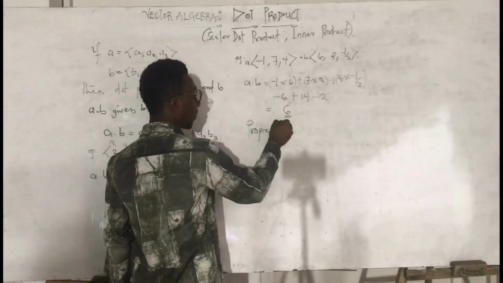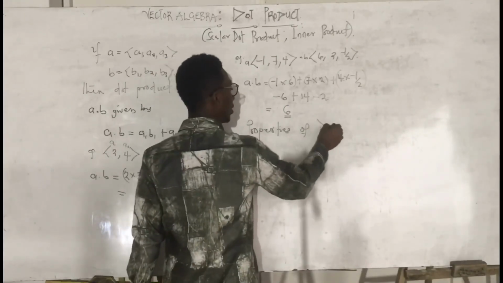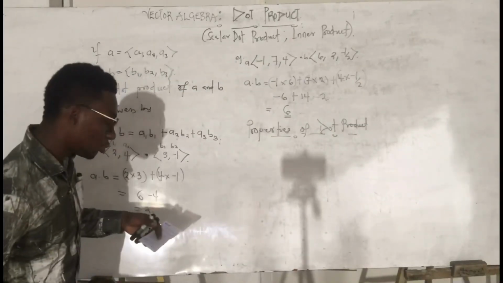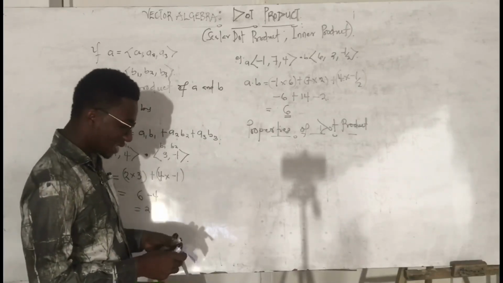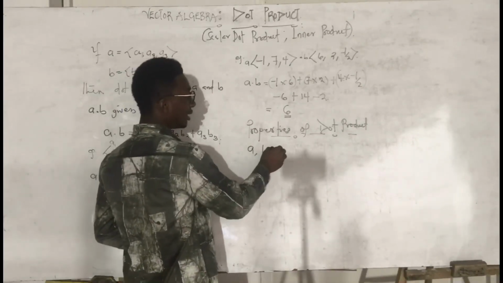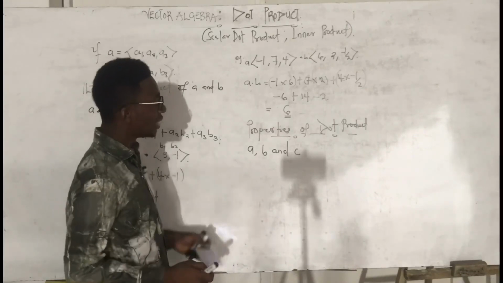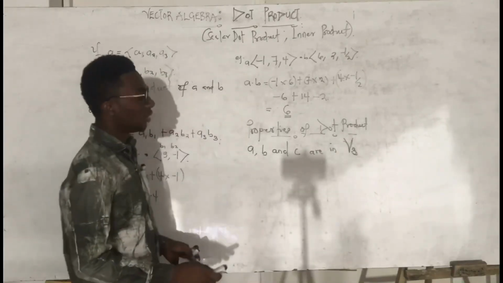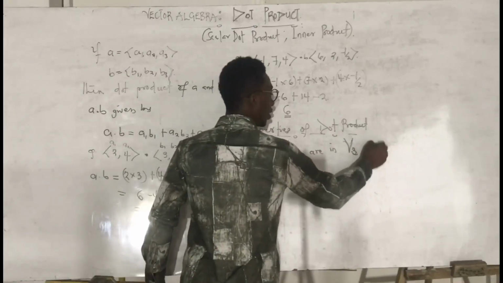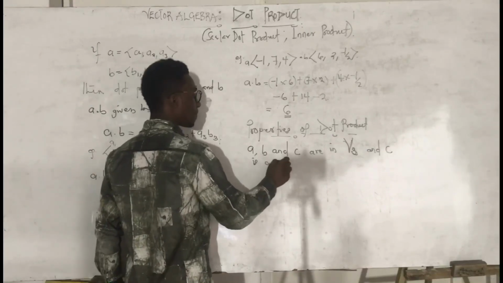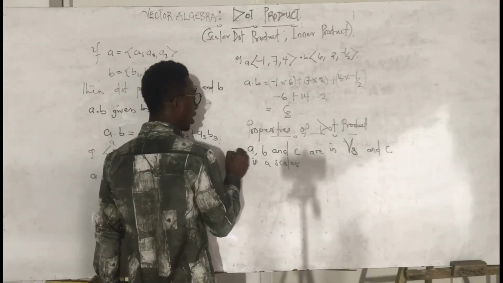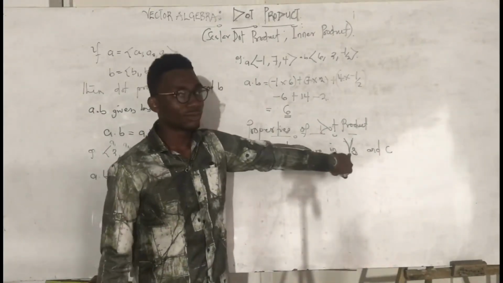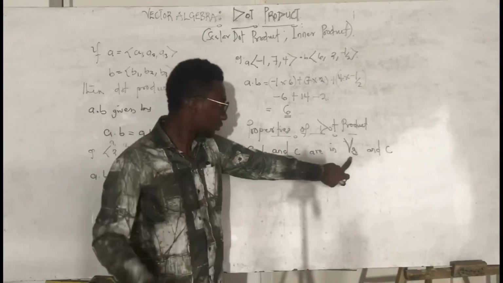Let's say we have three vectors A, B, and C, and these vectors are in the Euclidean 3-space. That is to say, they have the 3 coordinate system. And c is a scalar. This is the preamble to our properties.